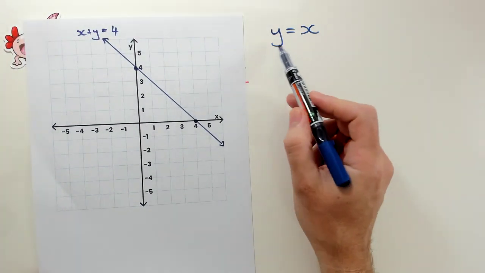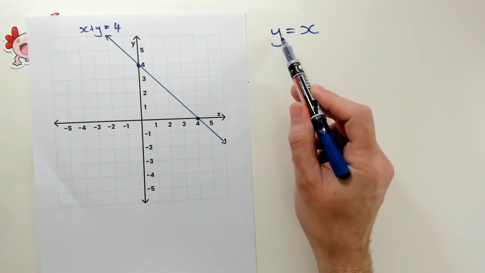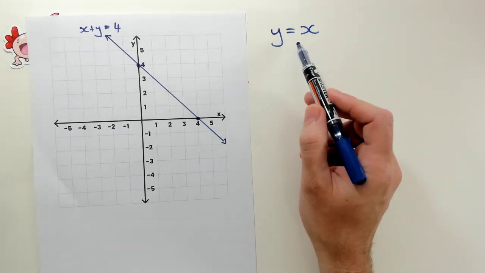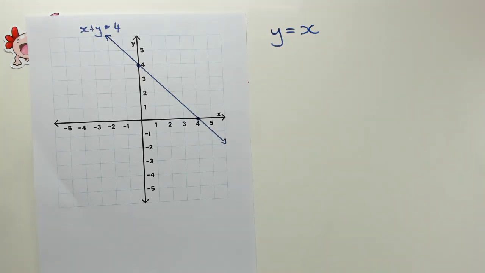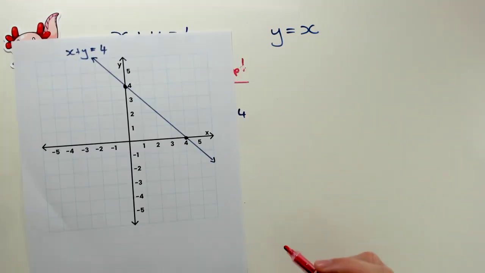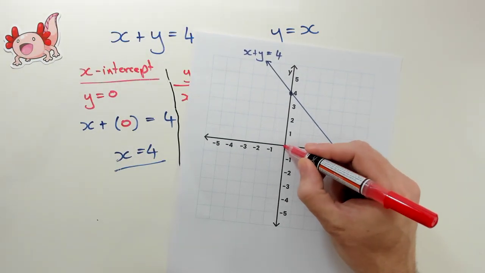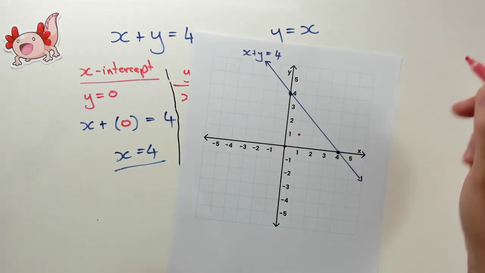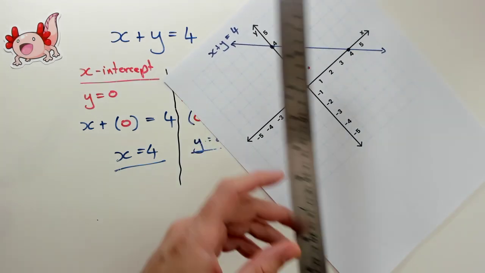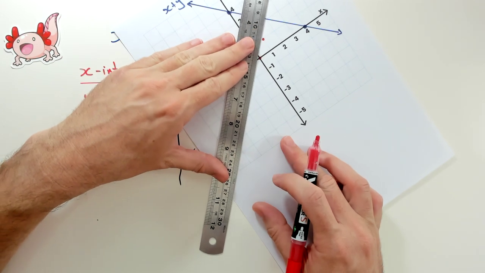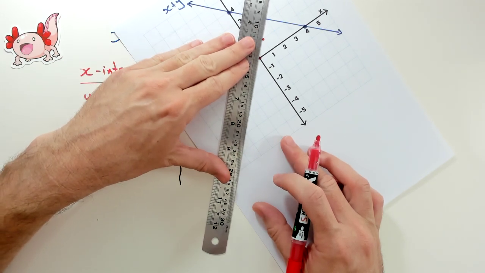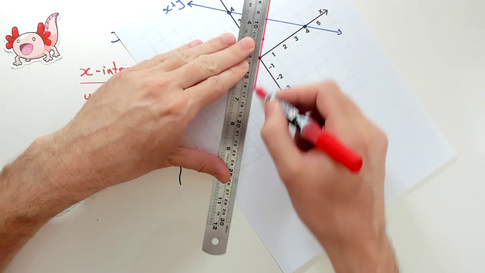And this line, I actually already know what it looks like. So y is equal to x. You should know this one. Every x coordinate and y coordinate is going to be the same. So basically 0, 0, 1, 1. It's a diagonal line, a 45-degree angle if the scale is the same. Let me get this straight and underlined.